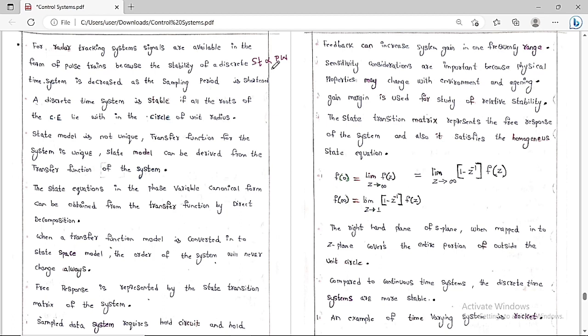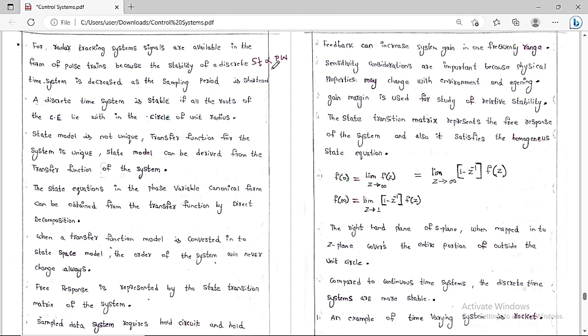The next point is, when a transfer function model is converted into a state space model, the order of the system will never change. Whatever the order of the transfer function, that will be the order of the state space model also; it will never get changed.